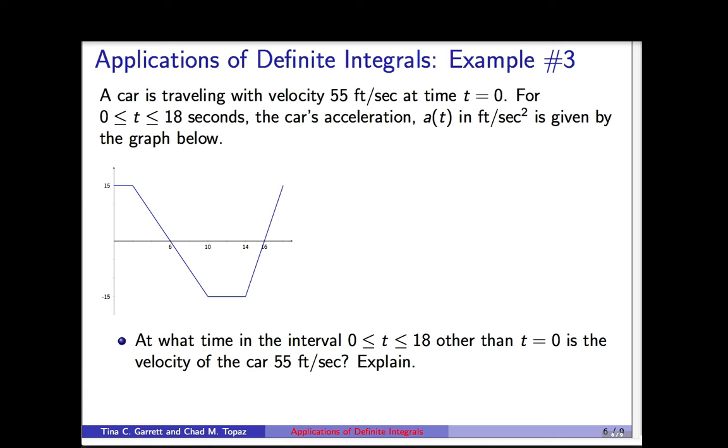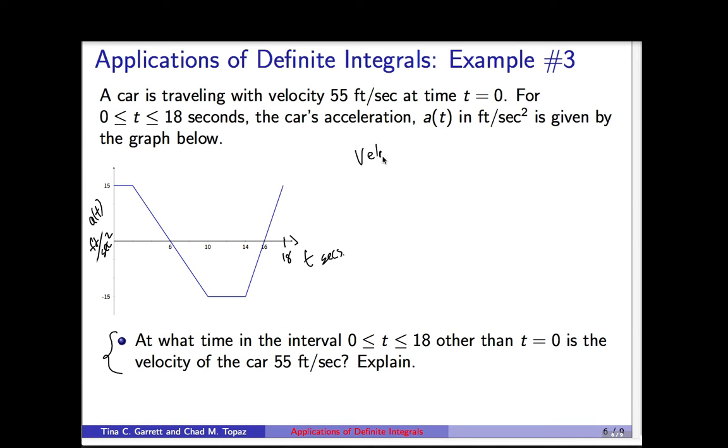So the second part of the question: at what time in the interval from t equals 0 to t equals 18, and again, this is t, and this is acceleration of t, with units of feet per second squared and seconds, at what time is the velocity of the car 55 feet per second? So this takes a little more work. What do we know?